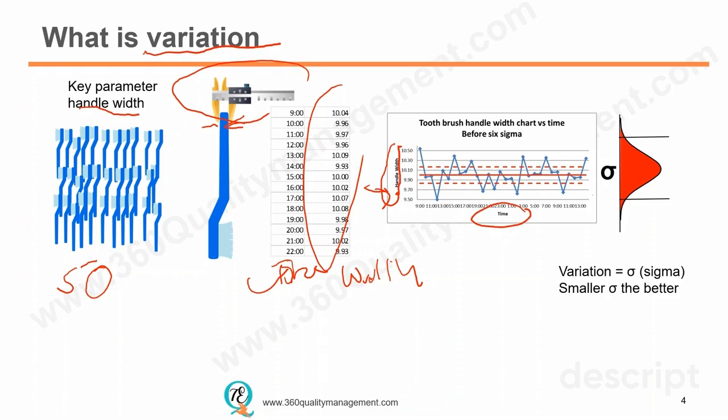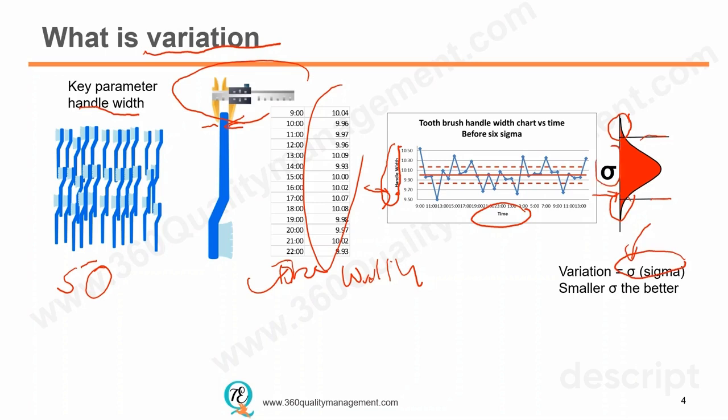And when we compare it with a distribution chart such as this, where these two lines represent the upper and lower spec limits which the customers want, you can see that some of these measurements are already over the specs. Variation is actually represented by a component called standard deviation, or here, to make it simple, a sigma.